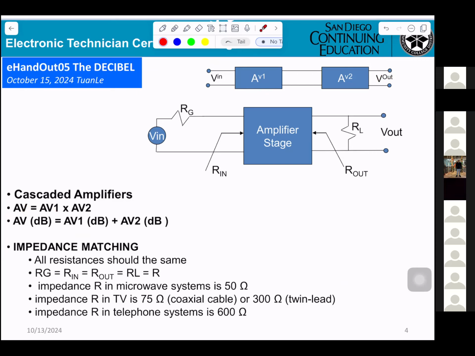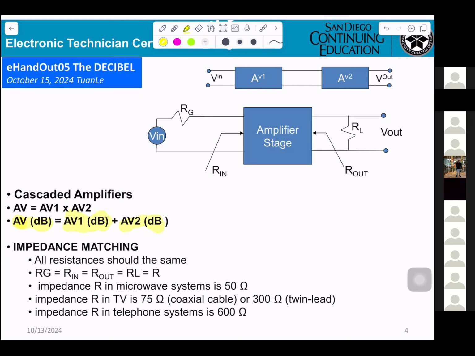However, if the gain is in dB, then you cannot multiply. You have to add them up. AV in decibel equals AV1 in dB adding AV2 in dB. So you see the difference.